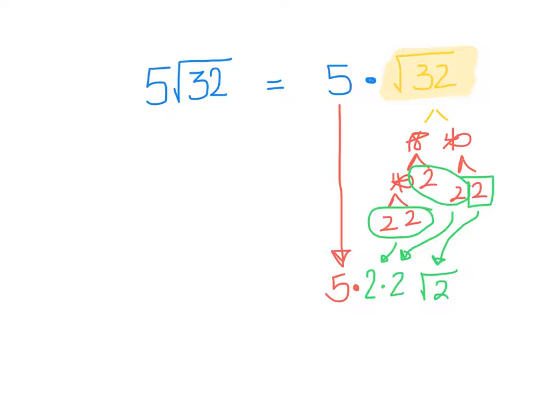So we get 5 times 4 is 20. We can do this again just so you guys can see what I'm talking about. 5 times 2 is 10, times 2 is 20, or 5 times 4 is 20. Either way, you get the same answer. The final answer is 20 square roots of 2.